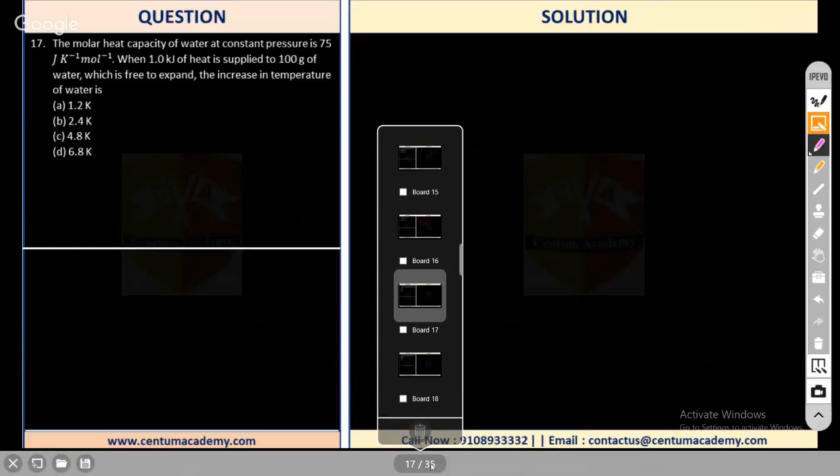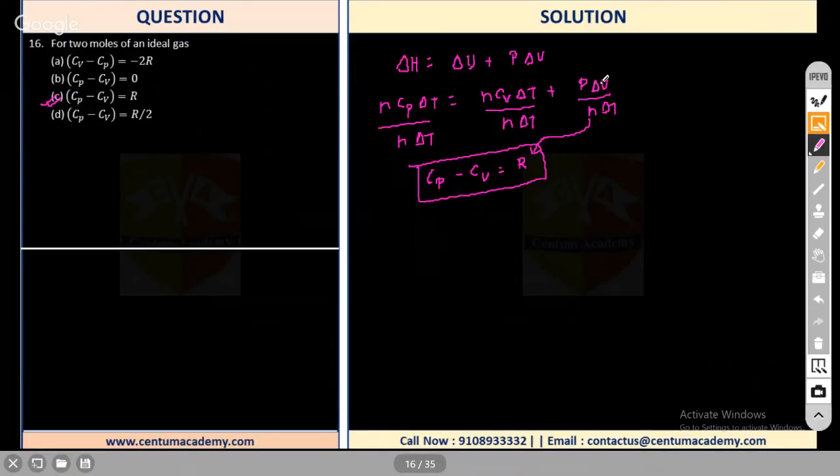You see this one. That's why I have done this. P del V by N T is nothing but R. Okay. So this is what it comes over here. So this already includes this number of moles term here. So you always write Cp minus Cv is equals to R, not NR. Clear?